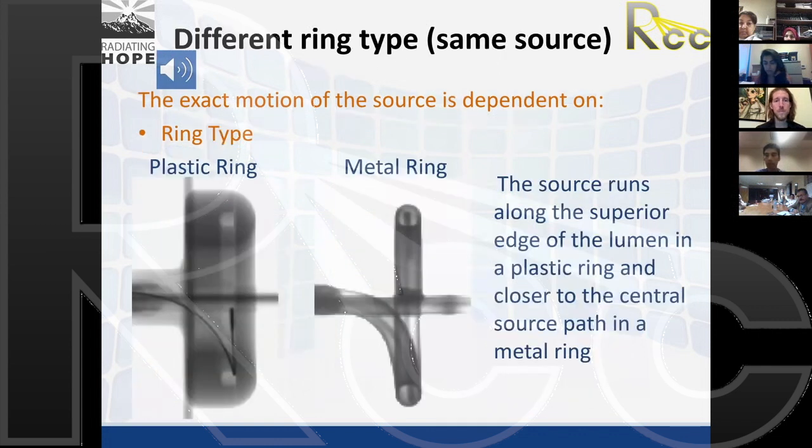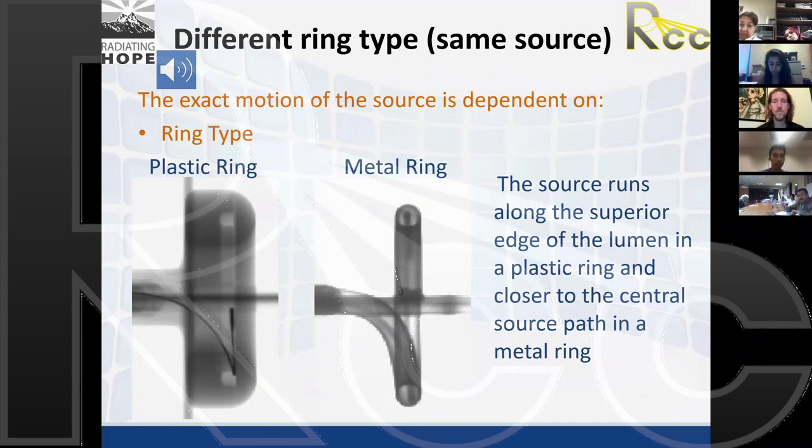The motion of the source inside the ring can also even depend on what the ring is made from. In this slide, you can see X-ray images of a source travelling through a plastic style ring applicator, as well as a metal style ring applicator. In the plastic ring applicator, the source tends to run along the superior edge of the lumen, whereas in a metal ring, the source tends to travel much more central, almost following the central source path inside the ring.